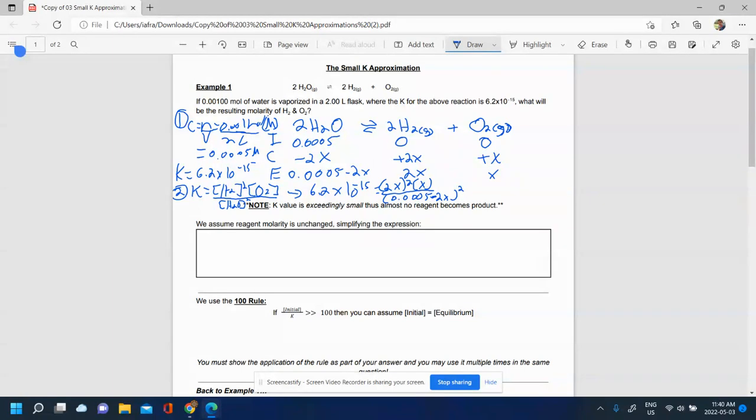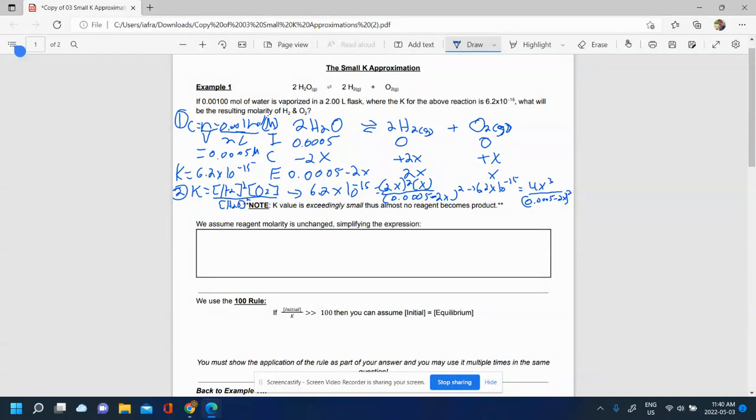So when we do this, if you want to simplify things a little bit more, 6.2 times 10 to the power of negative 15 is equal to, okay, 2x squared is 4x squared times x, which is 4x cubed, over 0.0005 minus 2x squared.